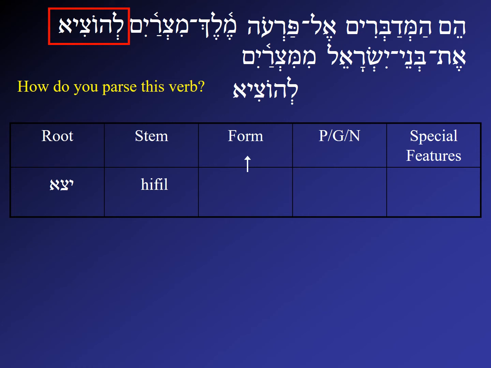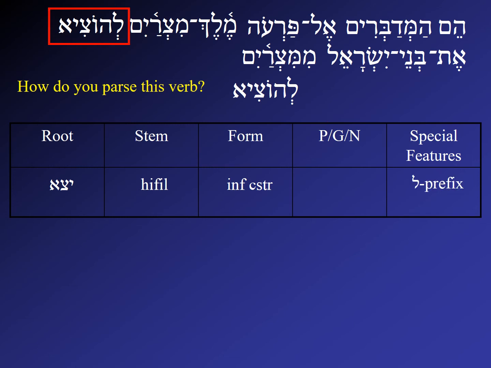The form here: notice that we have a lamed prefix to this form. So the only verbal form that takes the lamed is the infinitive construct. So here we have the Hifil infinitive construct of yatsa. The special feature is the lamed prefix.